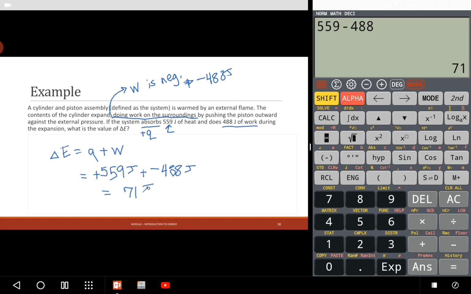We still have a net gain in internal energy because we have a positive value here. So our delta E is positive 71 joules, indicating that our system is overall gaining energy.